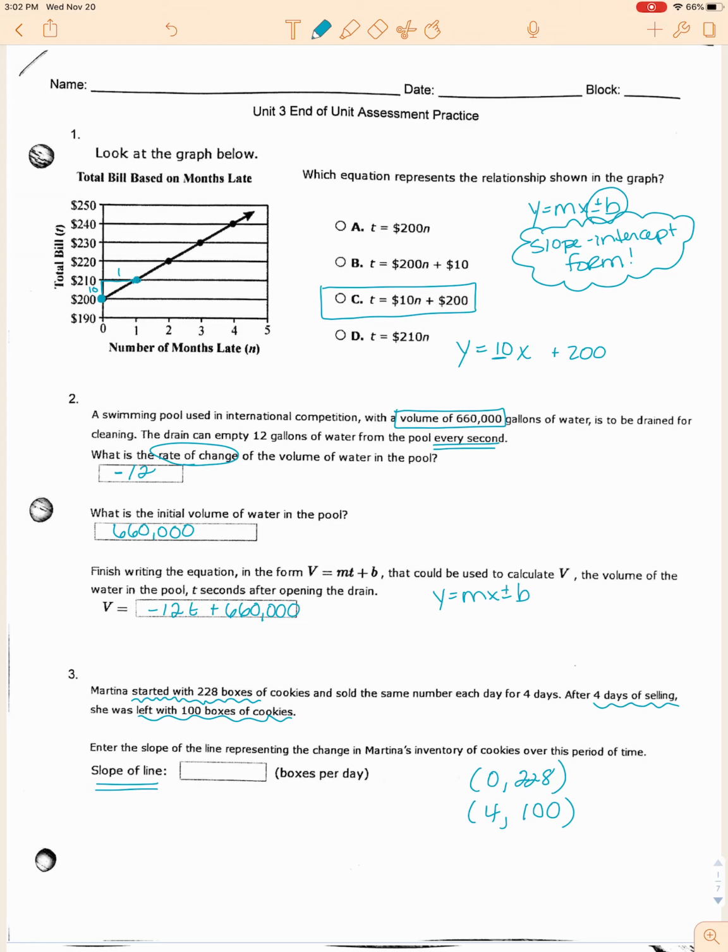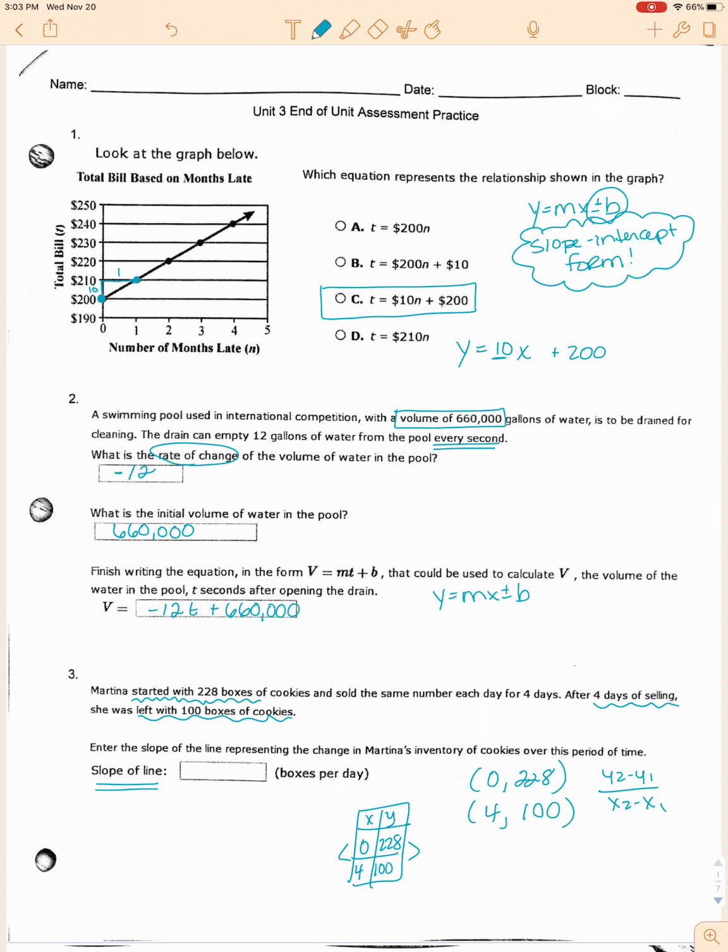So the way that you can do this is you can either do y2 minus y1 over x2 minus x1 and use the slope formula, or you can create a table with my x and my y value, and I can find the difference in y over the difference in x, which is actually the way that I chose to do it when I was working through these problems.